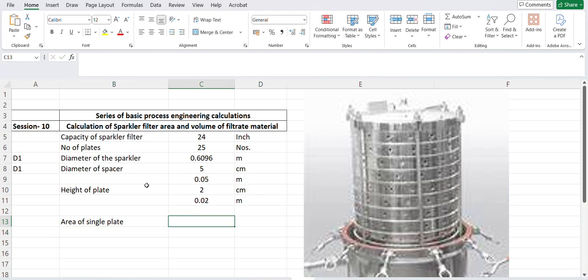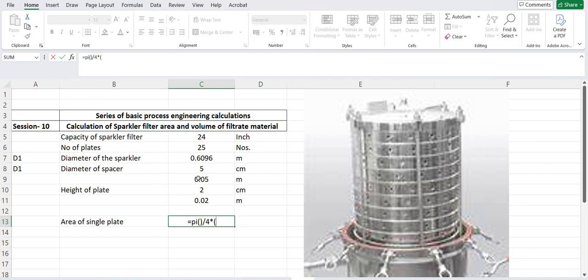For a cylinder, area is pi by 4 into d square, and in this case we have a couple of d's.